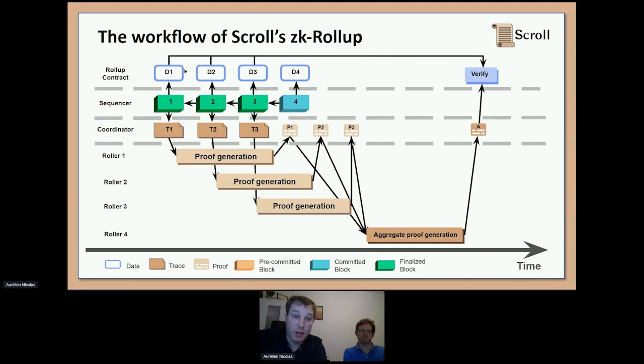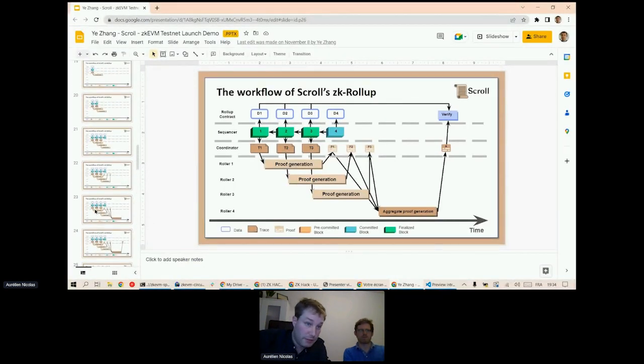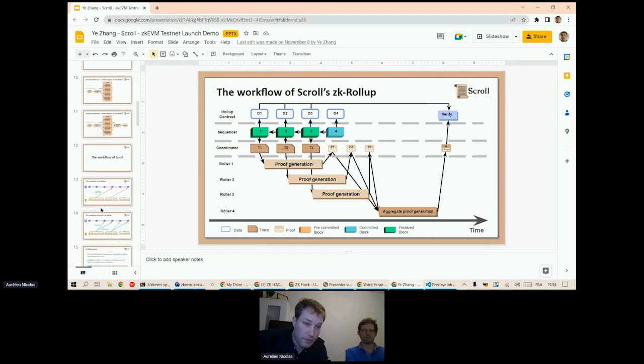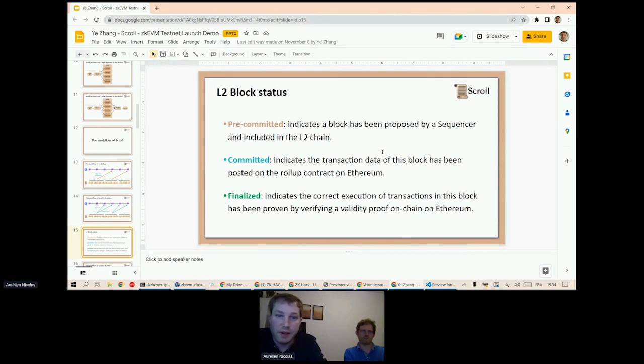But again, this is not my expertise, so maybe I will say something wrong, but I think there are phases. So a block is proposed. Then the transaction data is committed, so it's available.